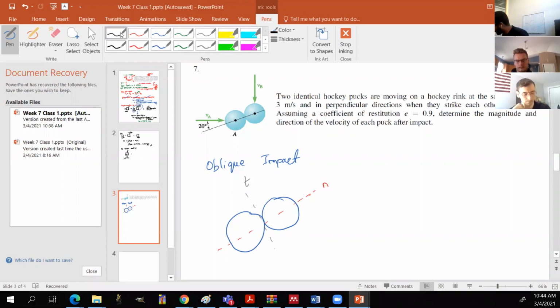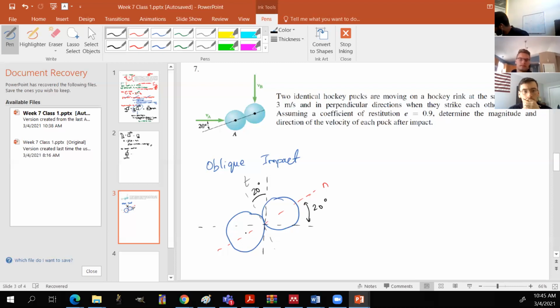So here we're told, if I draw the horizontal out, that this angle is 20 degrees, right? So what that means is that this angle here is also going to be equal to 20 degrees. And if I draw a straight line down from here, this angle here is also going to equal 20 degrees. All right, so that's the important thing.